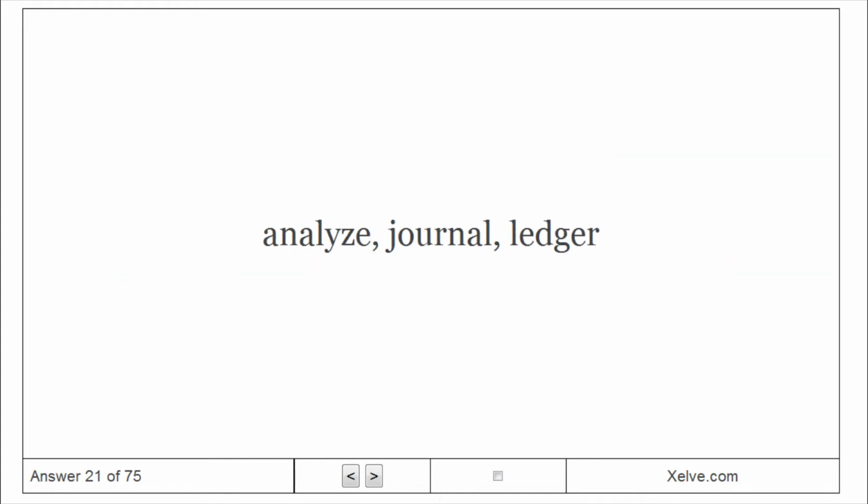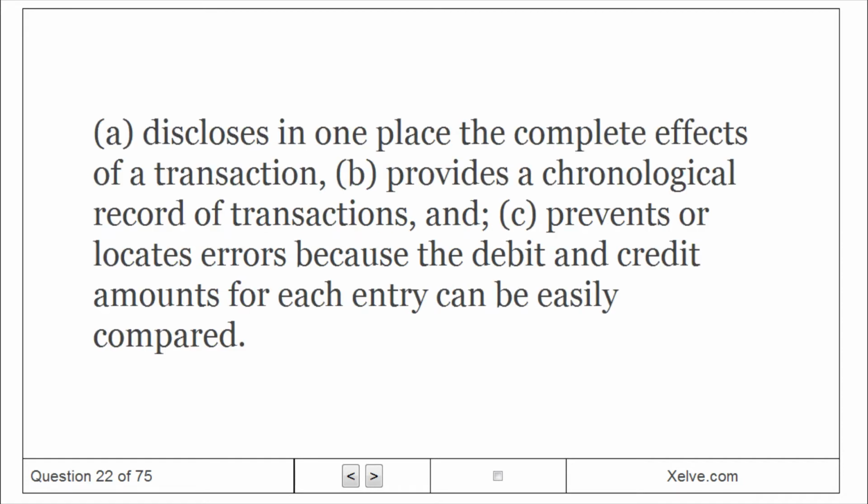Analyze, journal, ledger. A journal discloses in one place the complete effects of a transaction, provides a chronological record of transactions, and prevents or locates errors because the debit and credit amounts for each entry can be easily compared.